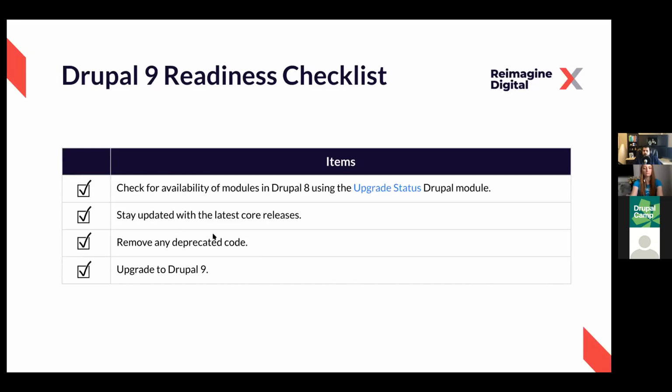You will need also to remove all the deprecated code from your custom theme and your custom modules, simply by changing the deprecated code to the new code that's supported by Drupal 9. I will show you how we can achieve this in the next slides. After you finish the 3 items, you are now ready to upgrade to Drupal 9, and you should have a smooth upgrade process.